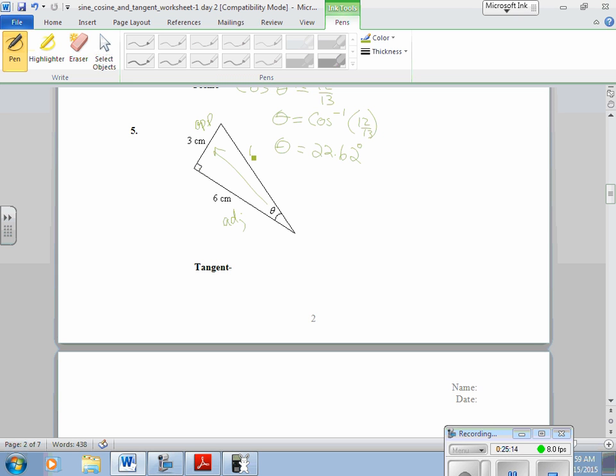This is your hypotenuse. The only thing that's left is the side that would be labeled adjacent. So this is tangent of the angle is equal to 3/6. So now you're going to do theta is tangent inverse of 3/6.